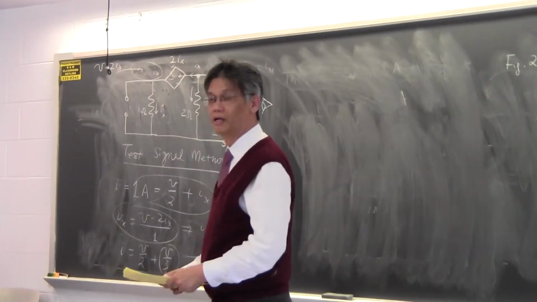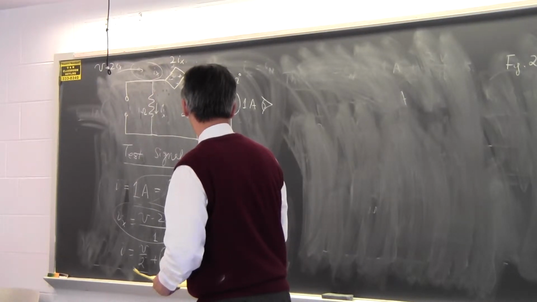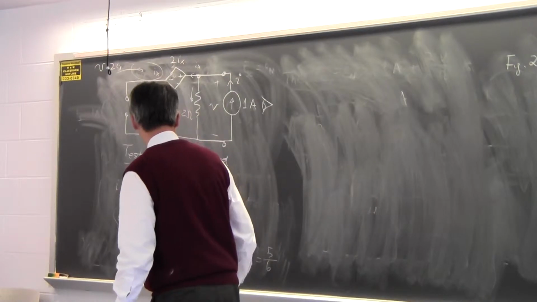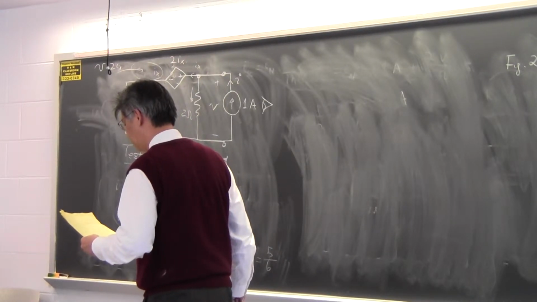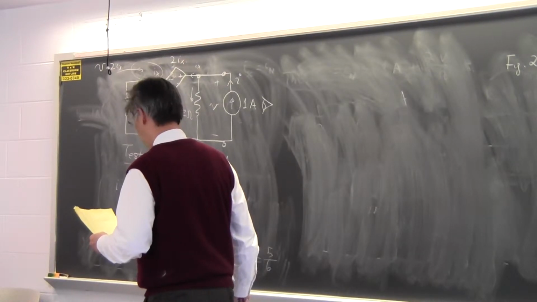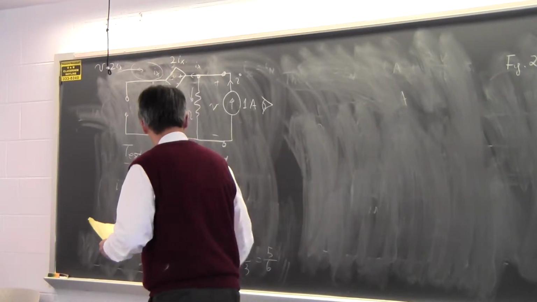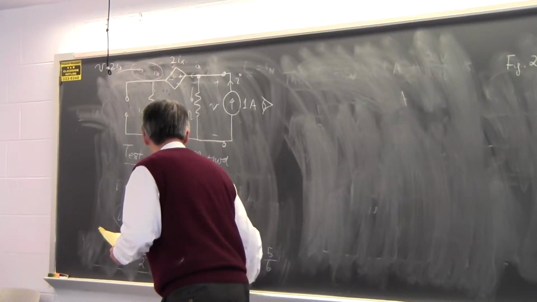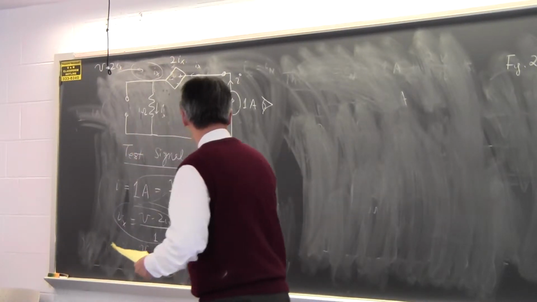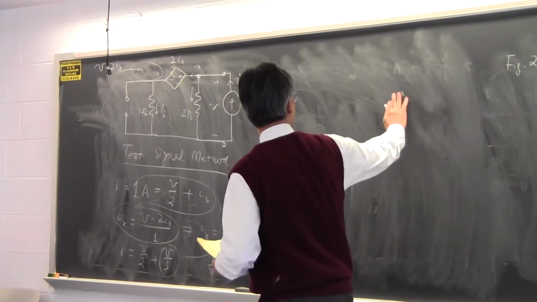Oh, okay, it should be I over V, right? Yeah, I over V is 5 by 6. In my note, I would have 5 over 6V. This should be I over V, that's right. You divide this equation by V, you get that equation, and you combine that equation, you get 5 over 6.